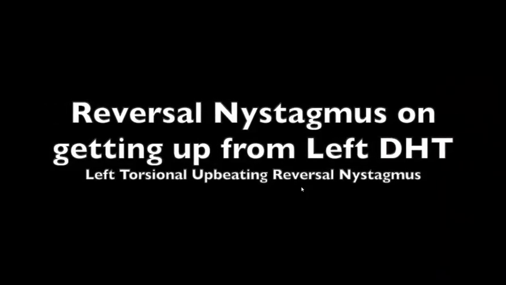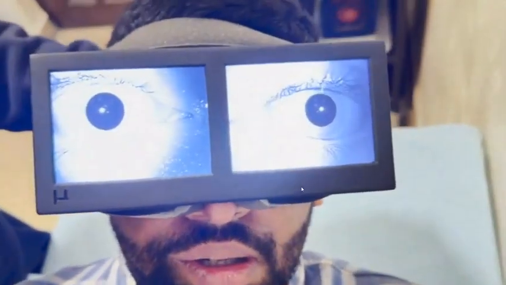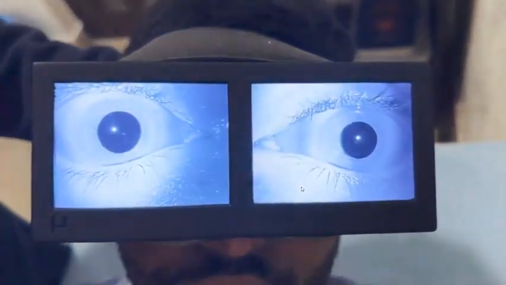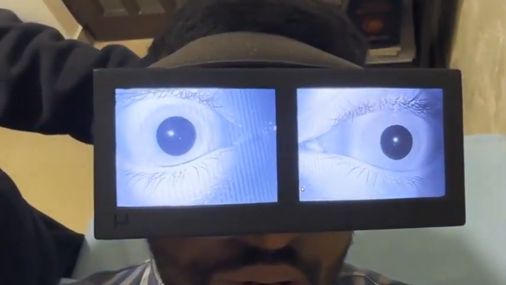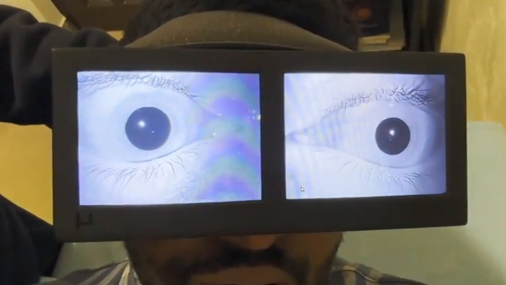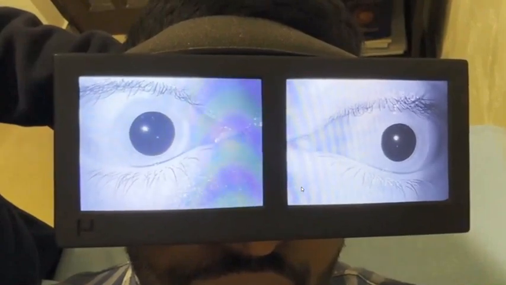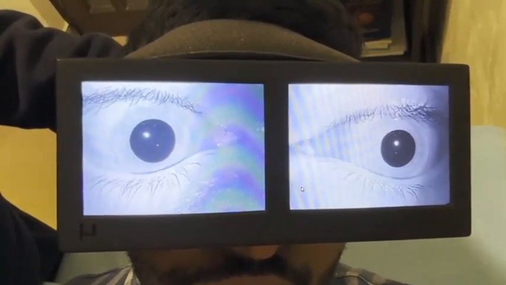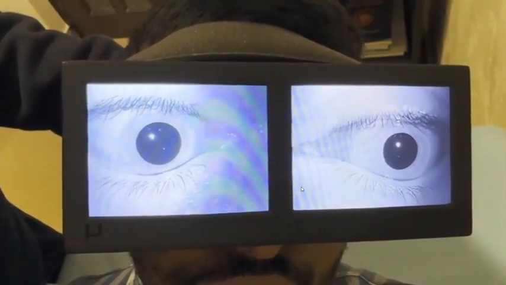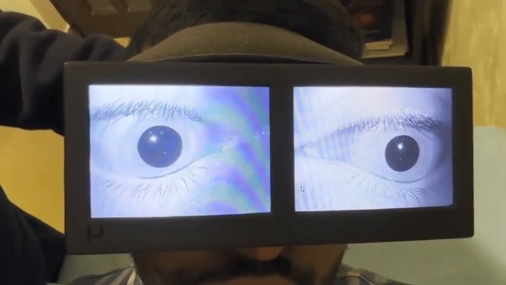So, reversal nystagmus on getting up from the left Dix-Hallpike test, it is now much more clear. Both eyes are showing it, the right is showing very well: the left torsional upbeating positional nystagmus, that is the reversal nystagmus. We had anteflexed the head around 60 degrees to bring it to the half Dix-Hallpike position, and we'll continue to see the nystagmus as the patient is uprighted.